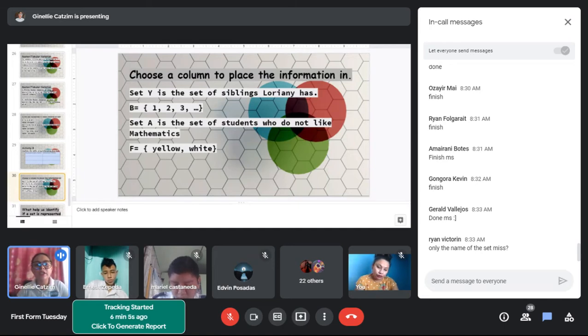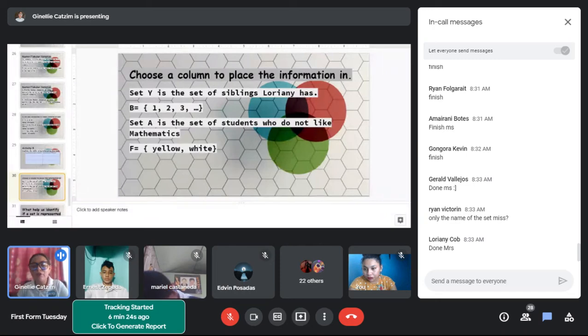Put everything. If you think set Y is the set of siblings Loriani has, put everything under your table, because that is the set itself. That is the representation itself. If you just put set Y, set B, whenever you are reviewing, that will not help you, right? Because you will not see clearly or remember what you were talking about that day. So please copy everything.